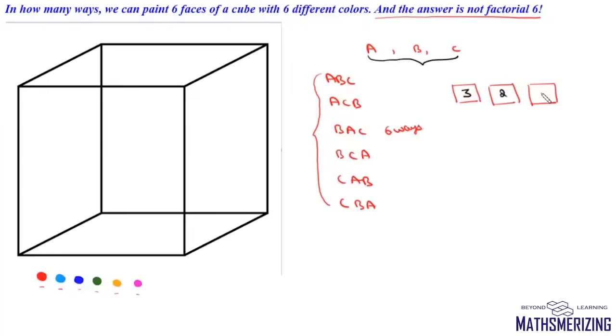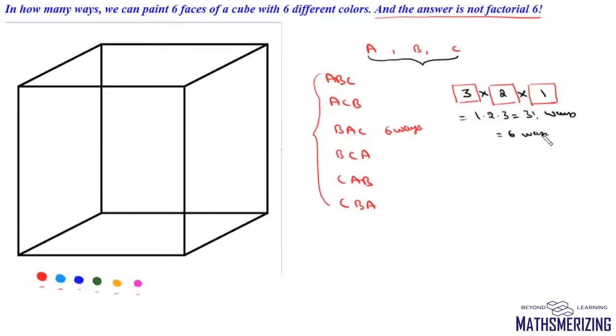And for the last one, we have only 1 choice. So total number of ways in which we can arrange A, B and C in a line is simply 1 into 2 into 3, which is factorial 3 ways, which actually is 6 ways.